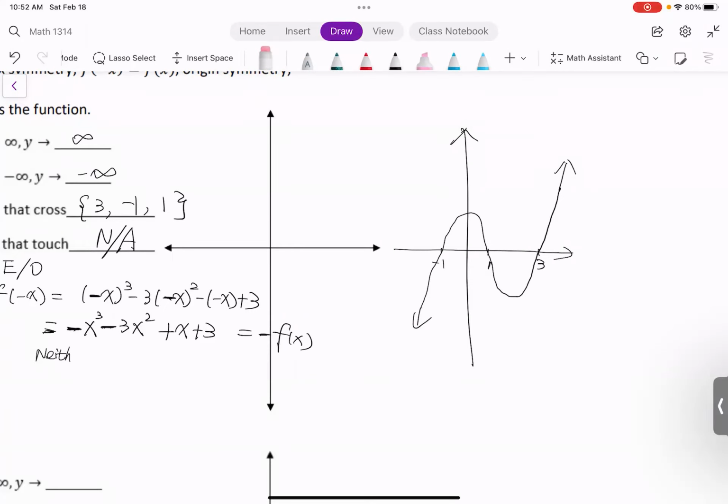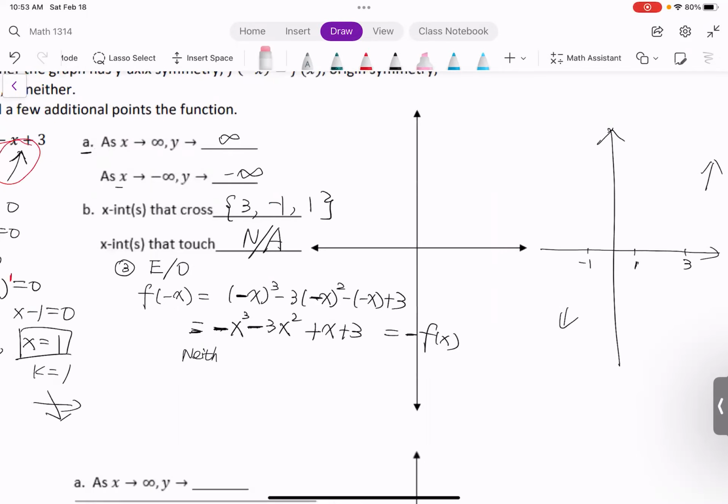So let's first find some points between -1, 1, and 3. Let's put the notes here. Number 4: let's say f of 0, because 0 is between -1 and 1.